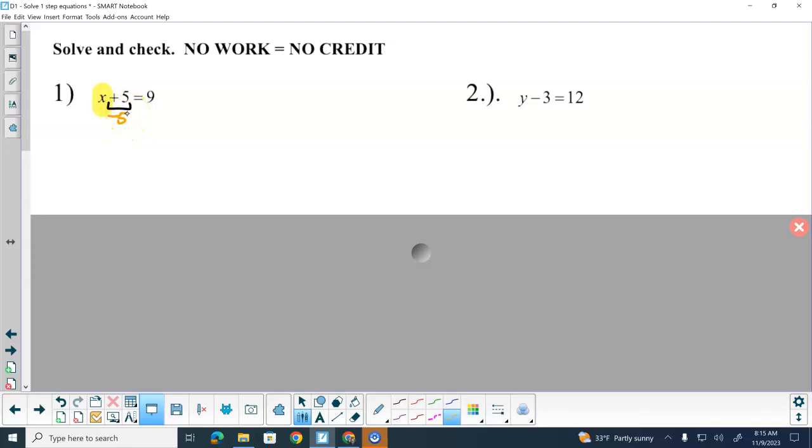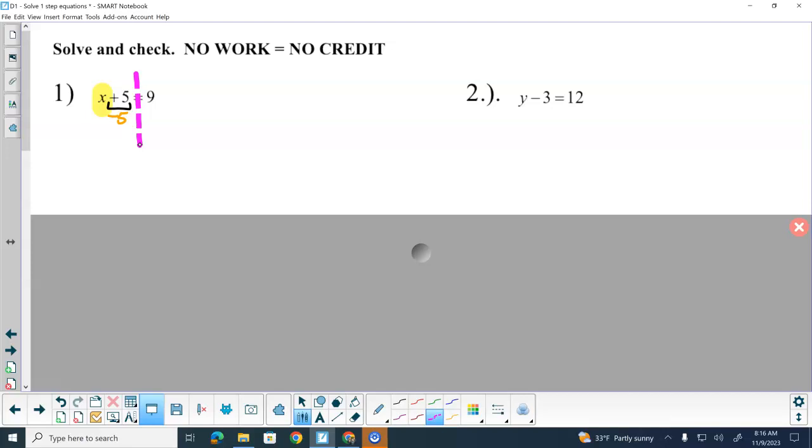Now, if it helps you, some people draw themselves a line through the equal sign, because that signifies the two sides of your equation.